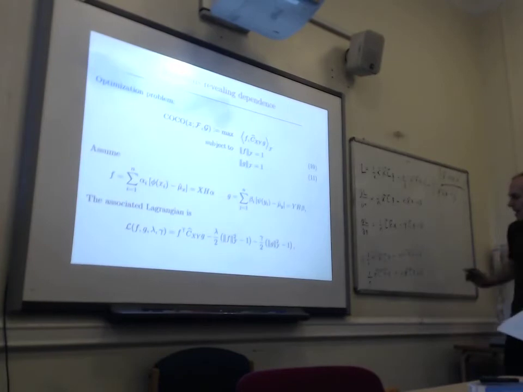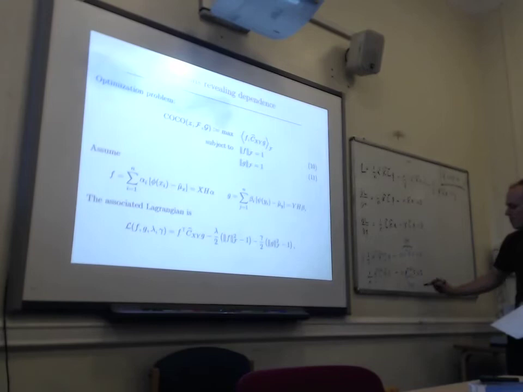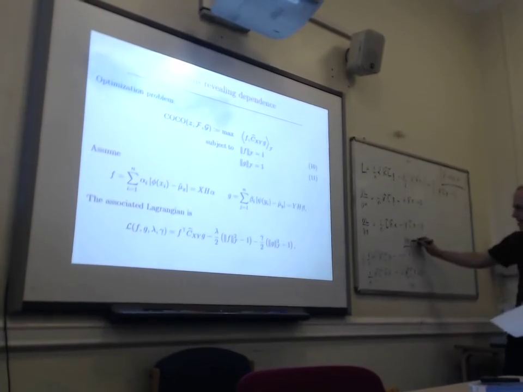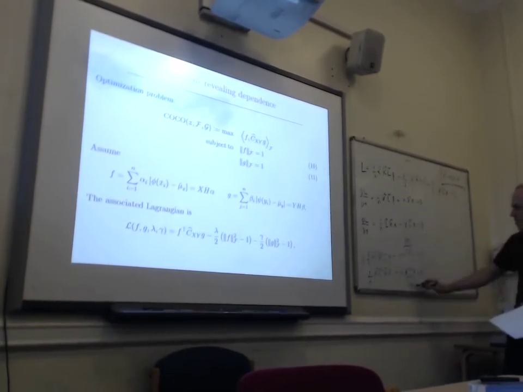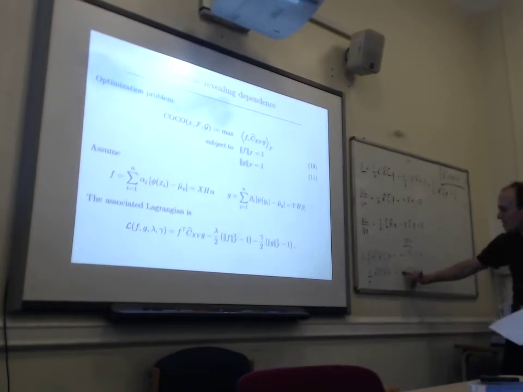Now, this thing here, I know that this is just the norm of f, and this thing here is just the norm of g, and these are both equal to 1. And then these terms here are the same in both equations.